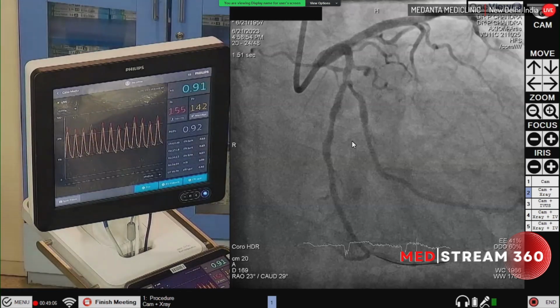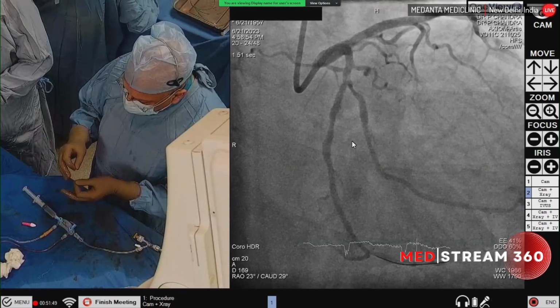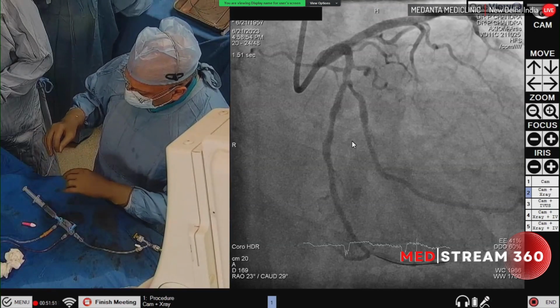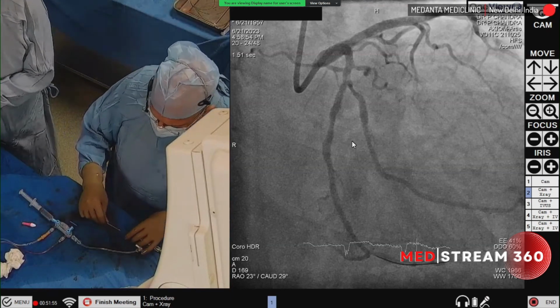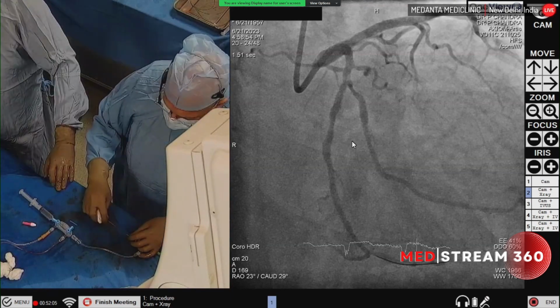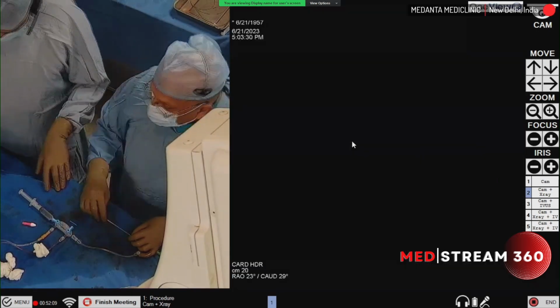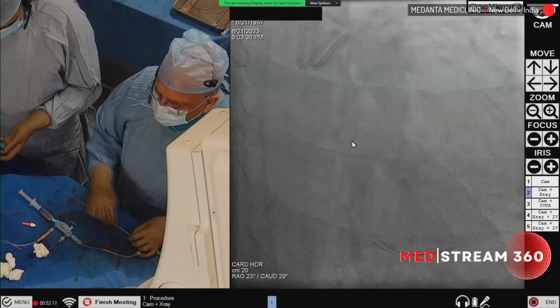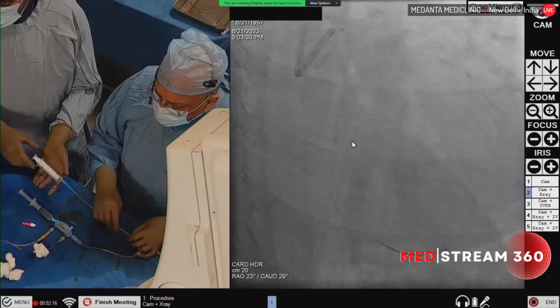So I'm taking a 40 mm drug eluting balloon, which is a 2.25 by 40 sirolimus balloon, which comes from Meril. So this is 2.25 into 40.